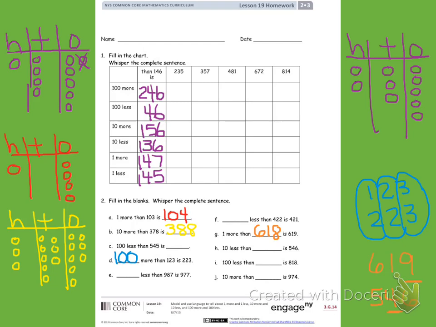That means that 546 is 10 less than the number on the line. So that means the number on the line needs to be 556. 10 less than 556 is 546.